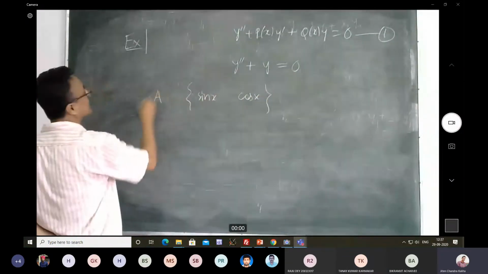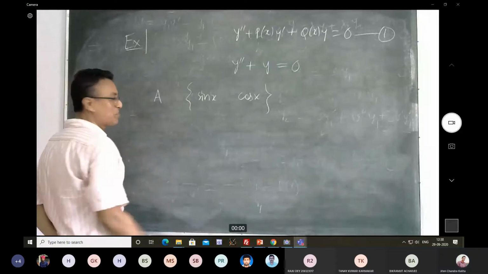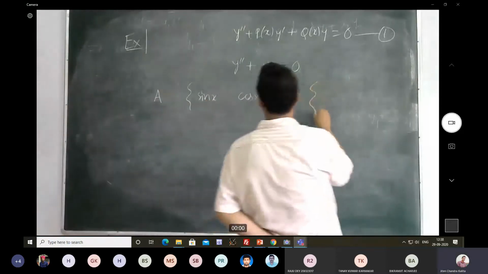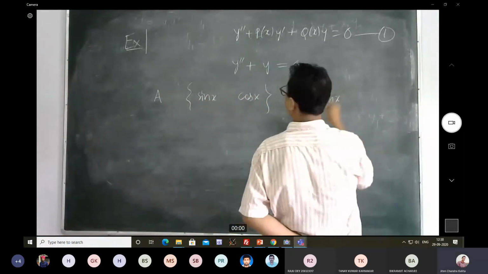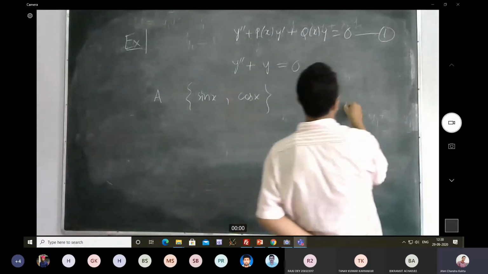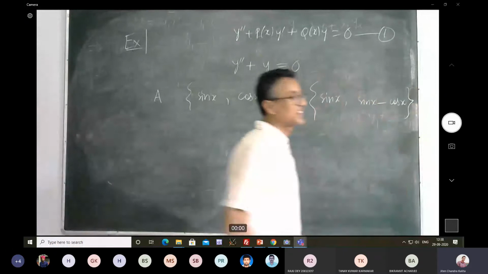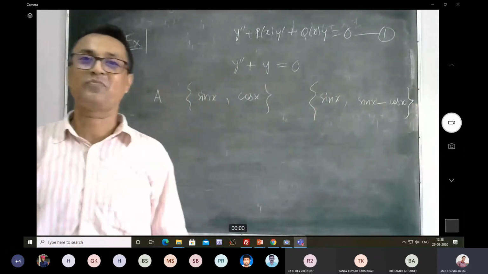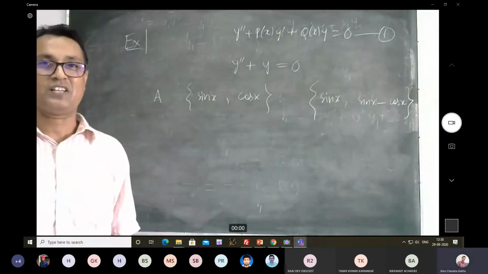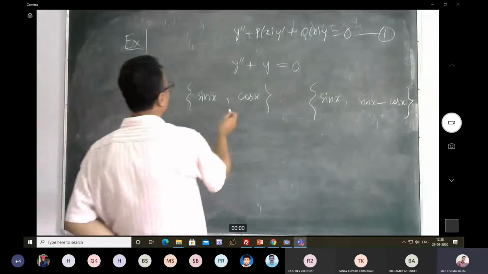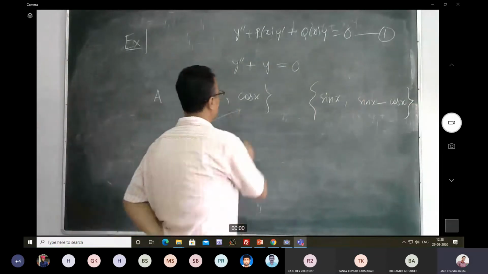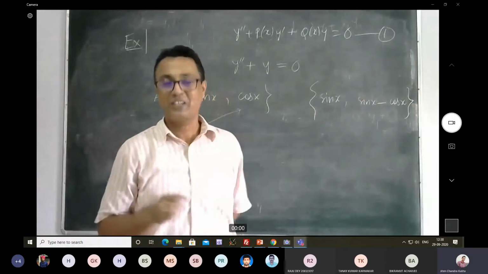This is a fundamental set, fine? But you can easily prove that sin x and sin x minus cos x is also a fundamental set. You can easily show that. So that means the fundamental set is not unique.